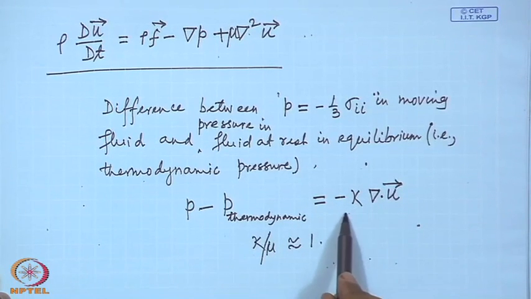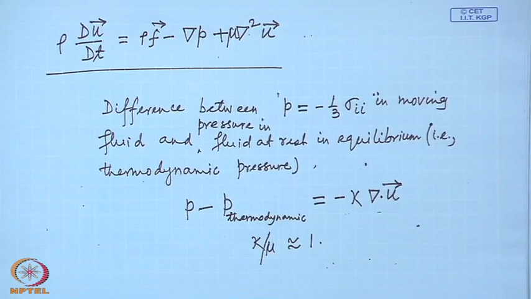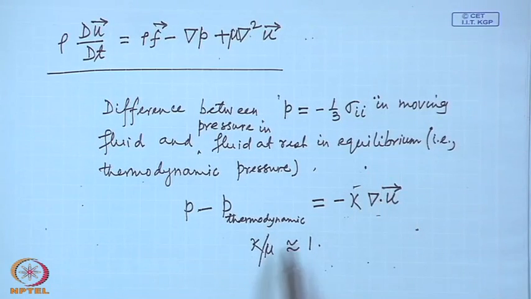The magnitude is given by this, where this is equal to or very close to the coefficient of viscosity, and divergence of u is the rate of expansion or dilatation. So, you see, if the fluid is incompressible or if the flow is incompressible, then divergence of u is 0 and the difference does not exist.